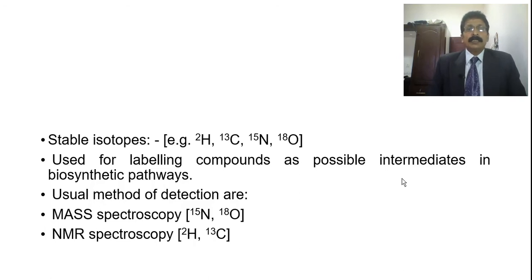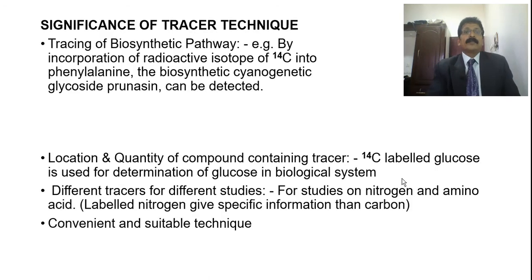Usually the methods of detection are mass spectroscopy, by using nitrogen 15 and oxygen 18, and NMR, nuclear magnetic resonance spectroscopy, by which hydrogen 2 and carbon 13 can be easily identified. This is what we usually use for identification.